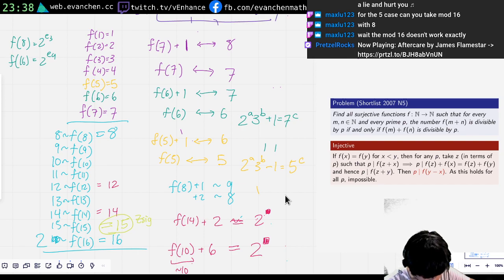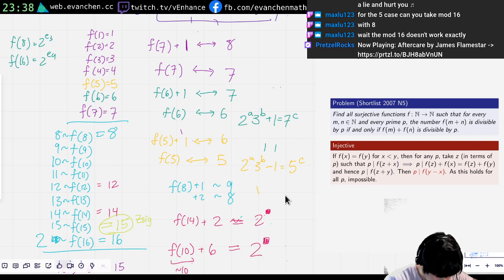Like, can I say f of 9 plus... If I take two of these statements together, for example, f of 9 plus 7 is related to 16. Will that help me? Oh, okay. I think that will work, actually. I think this works now.